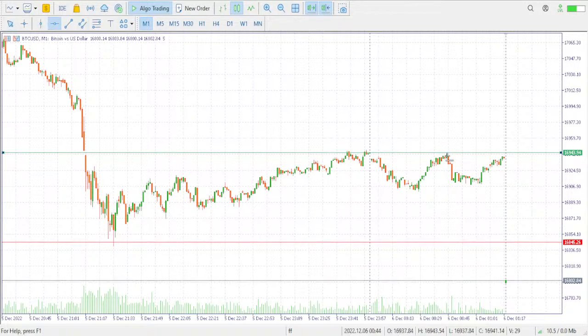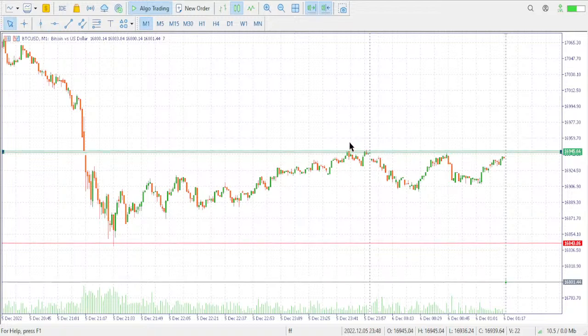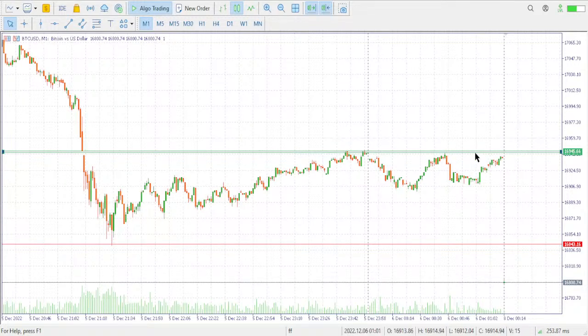You can see this here. So we have a resistance, we have a resistance, we have a resistance. Currently the price is yet to hit the upper resistance level. So if you happen to be on this chart and the price is touching this level and going down, touching and going down, and it touches again but does not clearly ascend beyond it, then this may actually be a good place to look for a sell from.